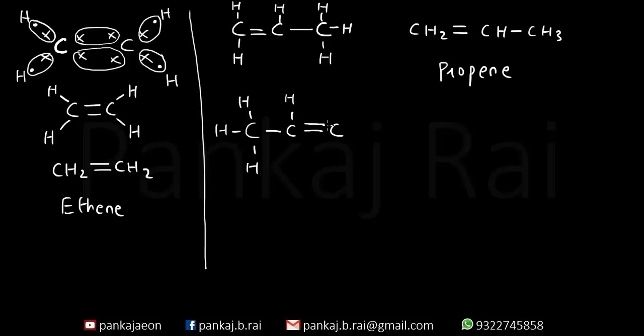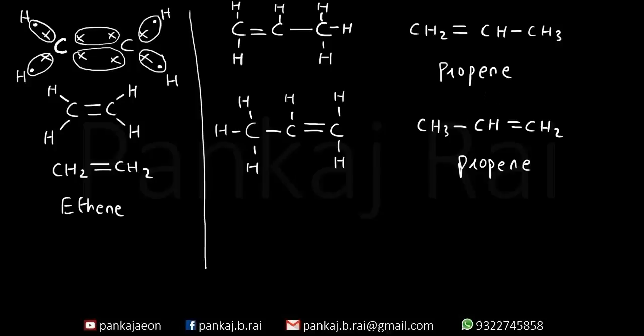This carbon atom has formed 2 bonds, so it can form 2 more bonds with the hydrogen atoms. So the compound would be written as CH3 single bond CH double bond CH2. This is also called propene. They are exactly same. They are just mirror images of each other, left to right and right to left.